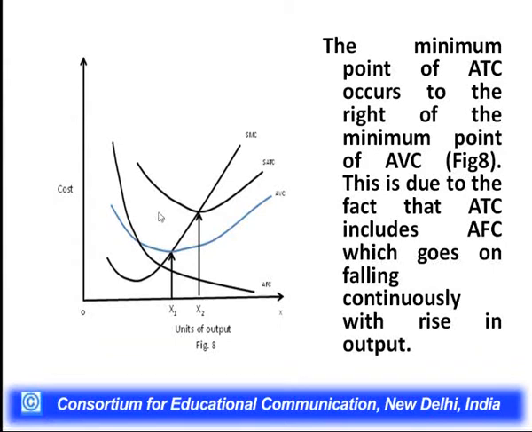And another point is that when you want to know the equilibrium of the firm, we see what is the marginal cost and what is the marginal revenue. There are two conditions of equilibrium. One is marginal cost is equal to marginal revenue, and the other is MC cuts MR from below.